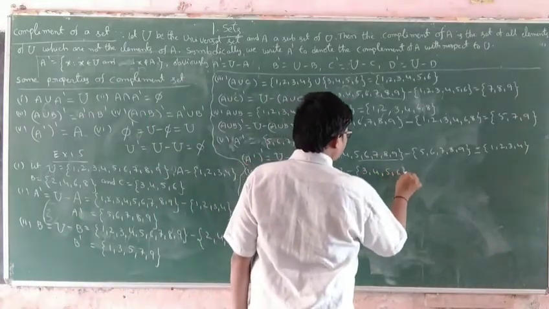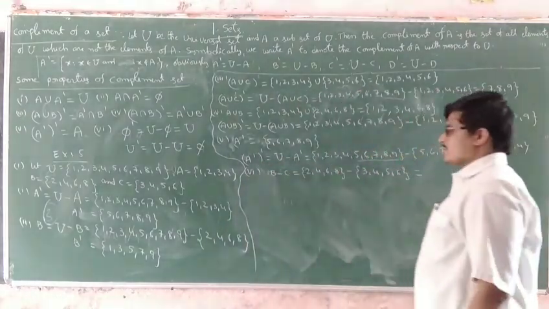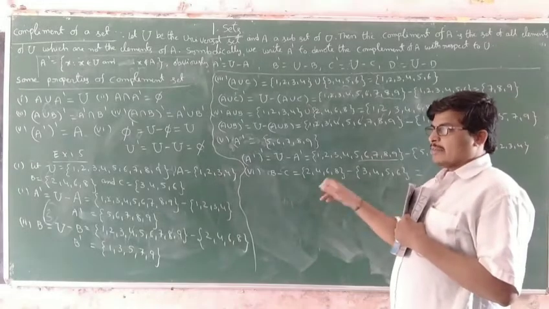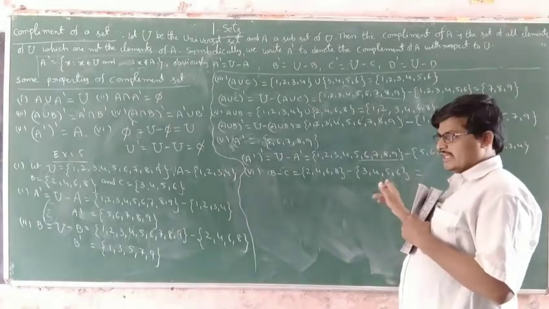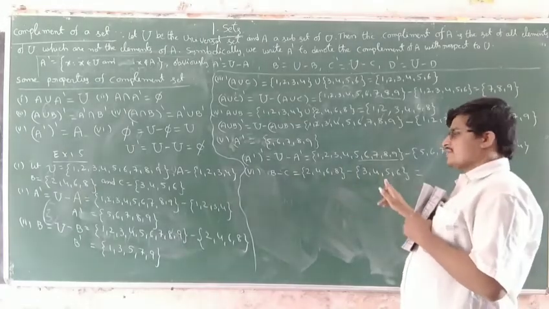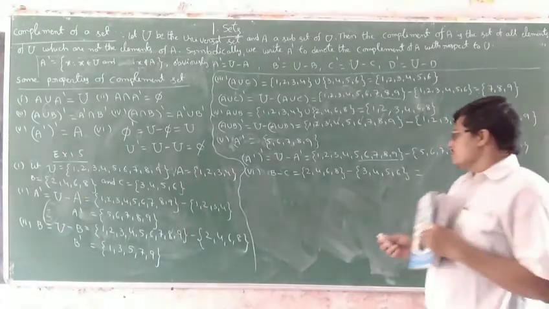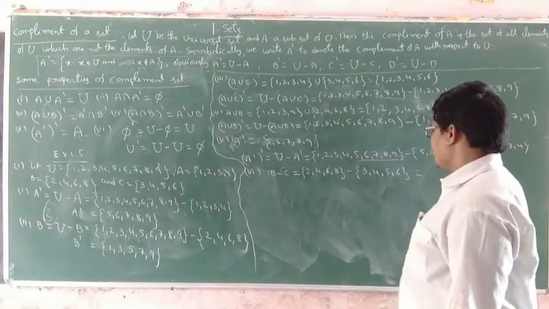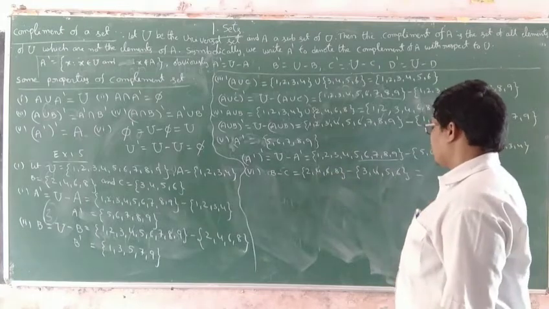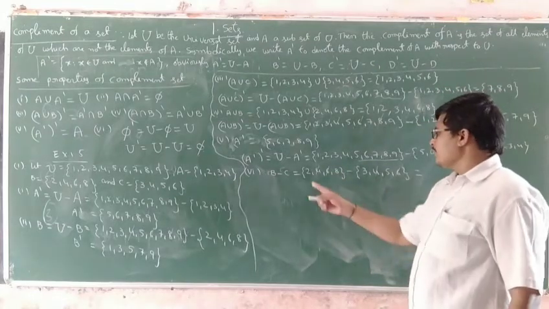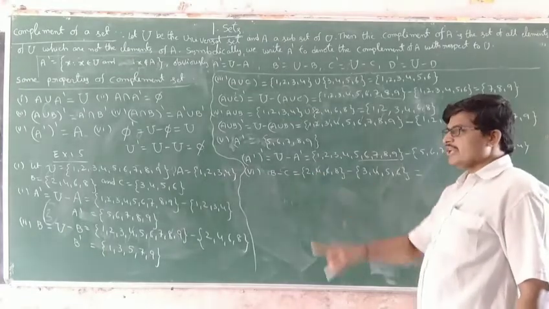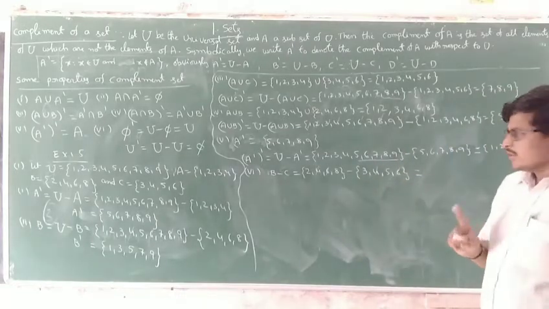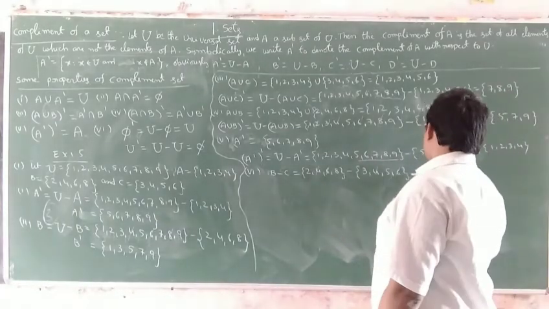What is the meaning of B minus C? x belongs to B, but x does not belong to C. Comparing, 6 and 6 cancel, 4 and 4 cancel. So what is remaining? Only in B, not in C: 2 comma 8.